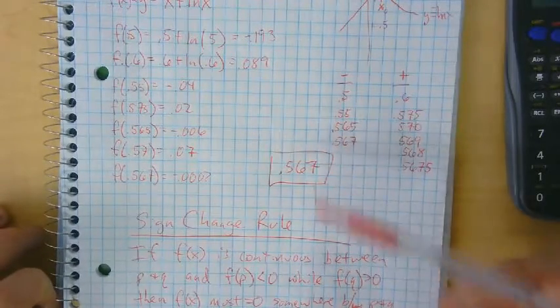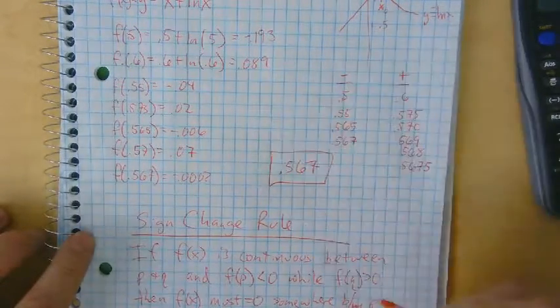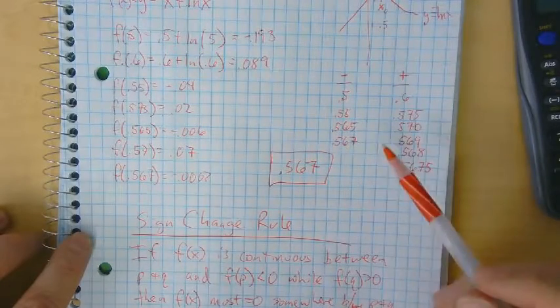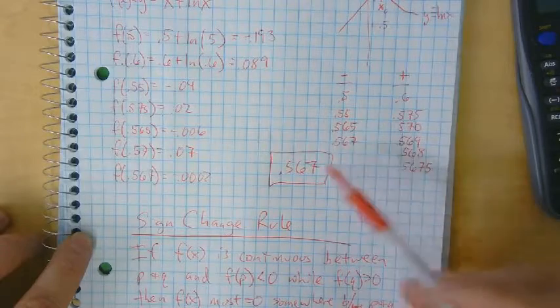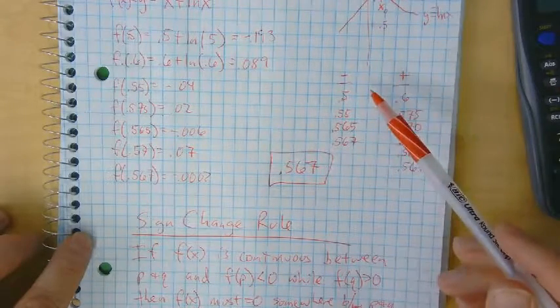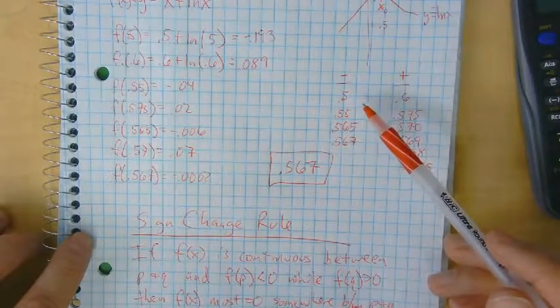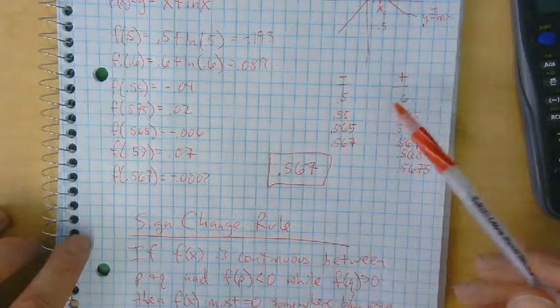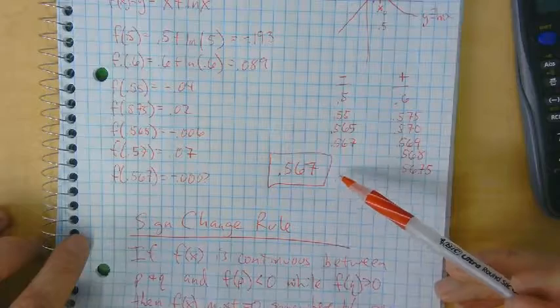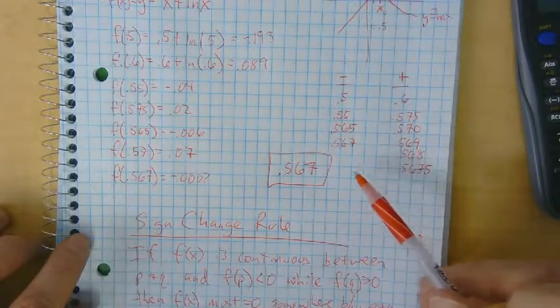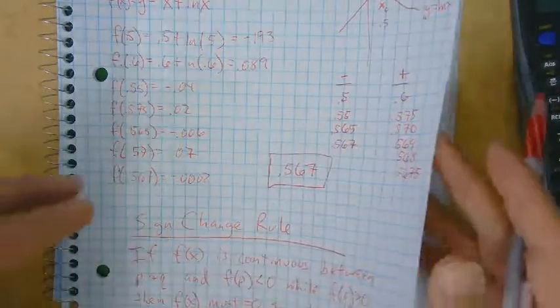Obviously, this method of doing a decimal search isn't super efficient if I want to go to like 10 decimal places, because this is going to take forever. And so in our next section, we'll talk about using iterative formulas to find the numeric solution for x. But for today, you're just going to be working on using decimal search.